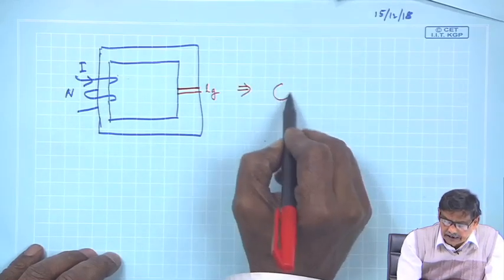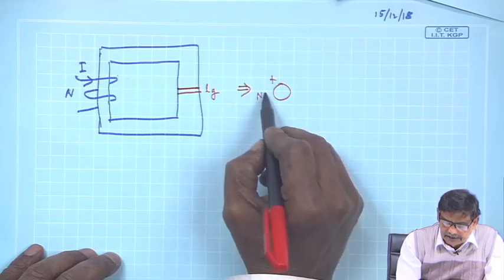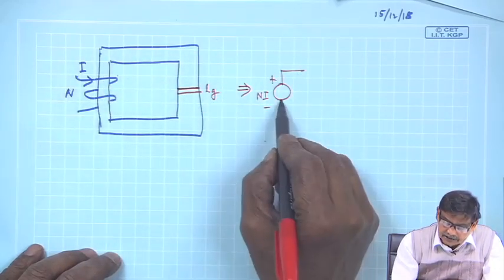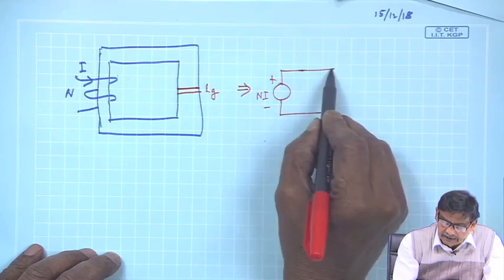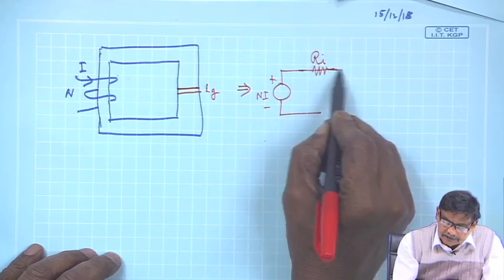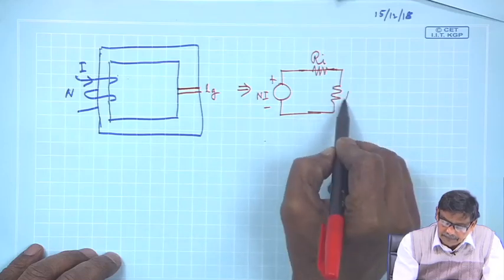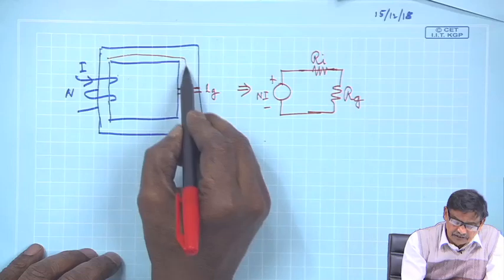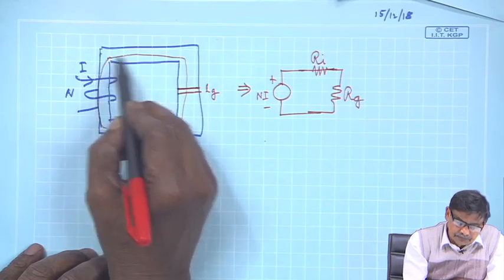So, this circuit can be written as plus minus N I. This also comes from your Ampere circuital law application, and there are two reluctances, one due to iron, another due to the gap. These two are in series because the same flux flows through both of them.